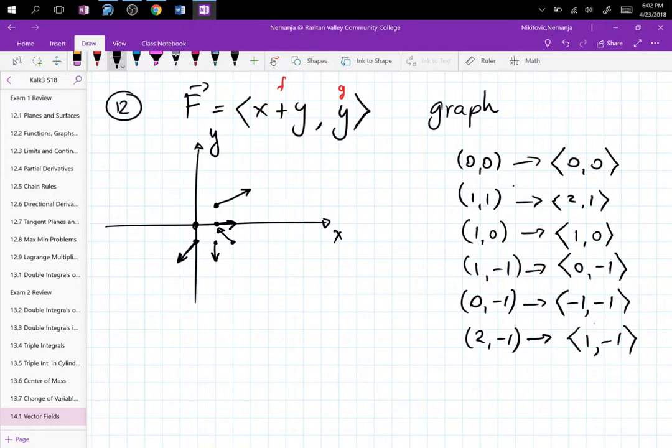But it works. You can compute another 60 points, and you will have a much better representation of what's happening with the vector field.